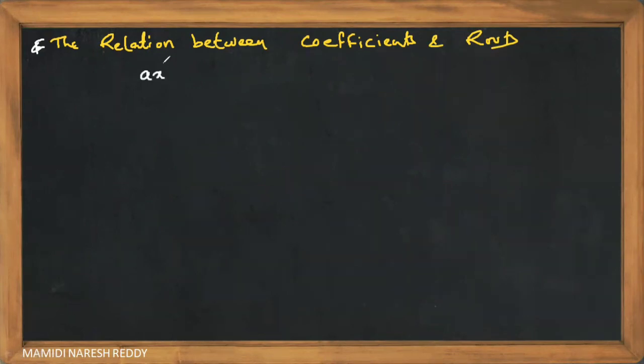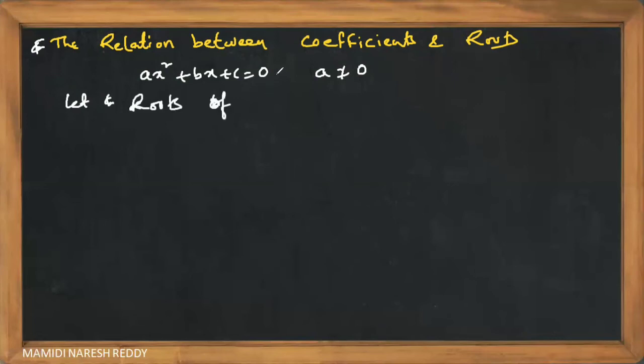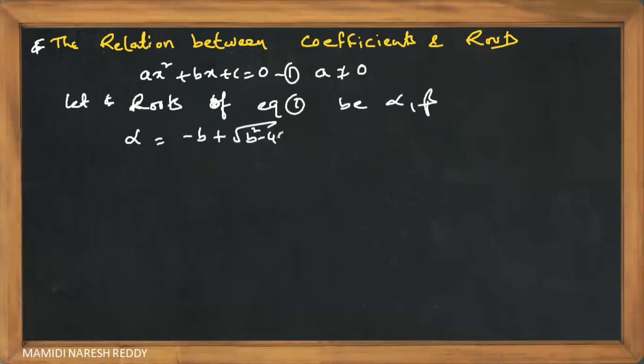Now the given quadratic equation is ax square plus bx plus c is equal to 0, where a is not equal to 0. Let the roots of quadratic equation 1 be alpha comma beta. Already we have seen, children, alpha is equal to minus b plus under root of b square minus 4ac by 2a.